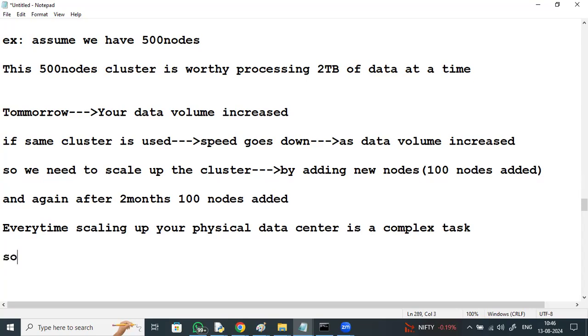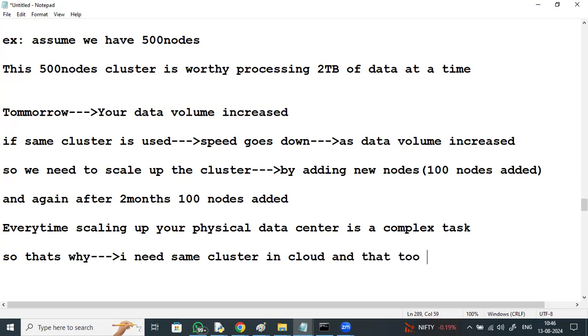So that's why I need the same cluster in cloud, and that too with auto scaling capability.